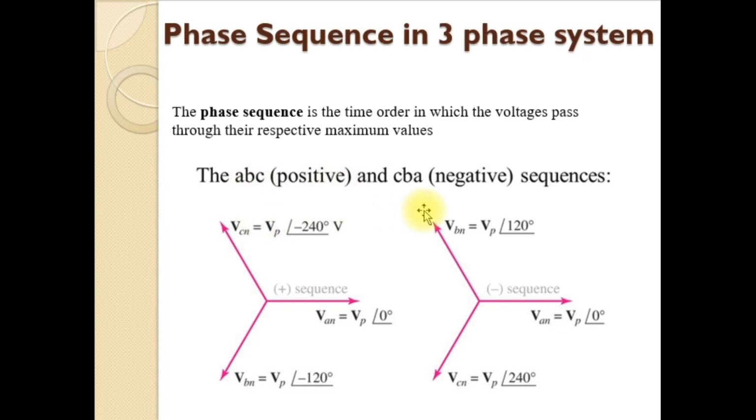And in case of negative sequence, that is ACB sequence, if you are taking VAN as reference, it will be represented as VP angle 0. Then instead of VBN, VCN will be coming there, and VCN is equal to VP angle 240. It is the same as VP angle minus 120 degrees, and VBN will be VP angle plus 120 degrees.